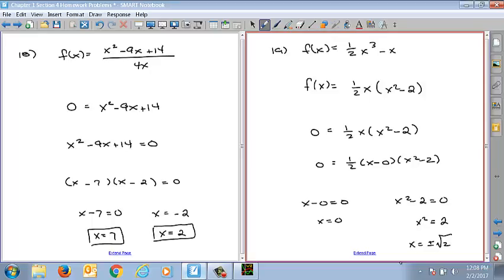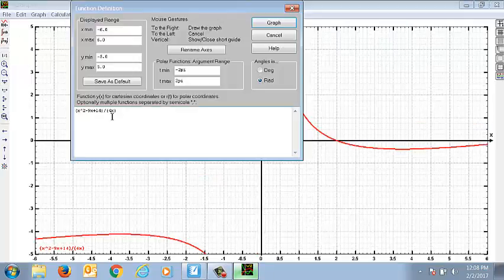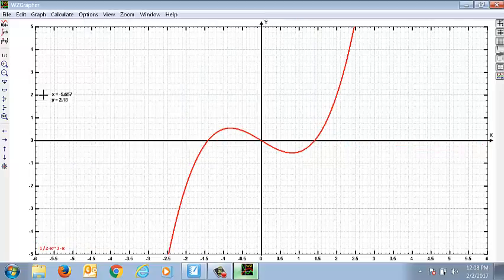So let's look at this one. Let's go to standard zoom. So the function is 1/2 times x cubed minus x. And there it is. It's a third order equation.